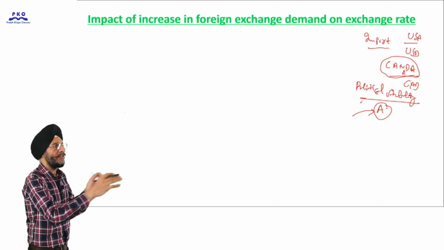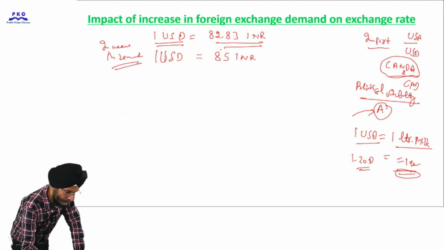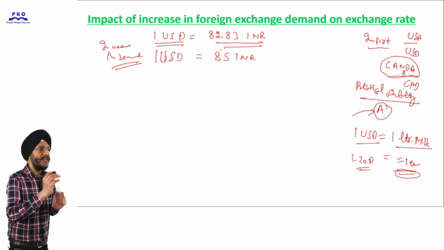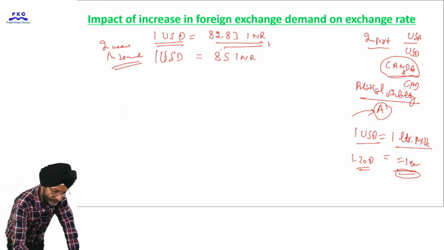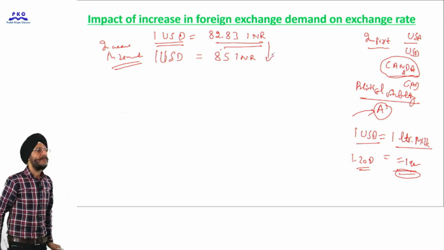Suppose at present the value of 1 US dollar is equal to 82.83 Indian rupee. If there is increase in the demand of US dollars, what will happen? It may be possible that the value of 1 US dollar will increase to 85, if there is increase in demand. So in the case of increase in demand, the value of domestic currency has decreased.